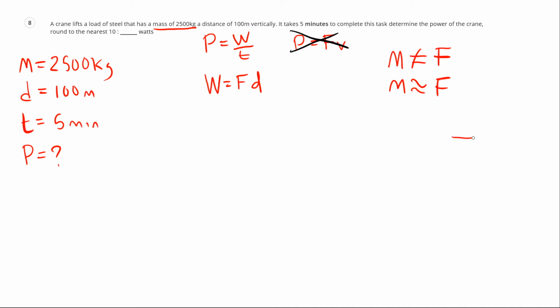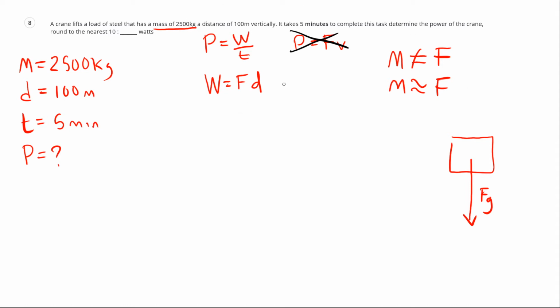Let's look at a free body diagram real quick. If this object is being pulled upwards, the only force that we can really talk about that's counteracting that pull is the force of gravity working on that object. Yes, its mass is important in determining that force, but that force is not its mass.